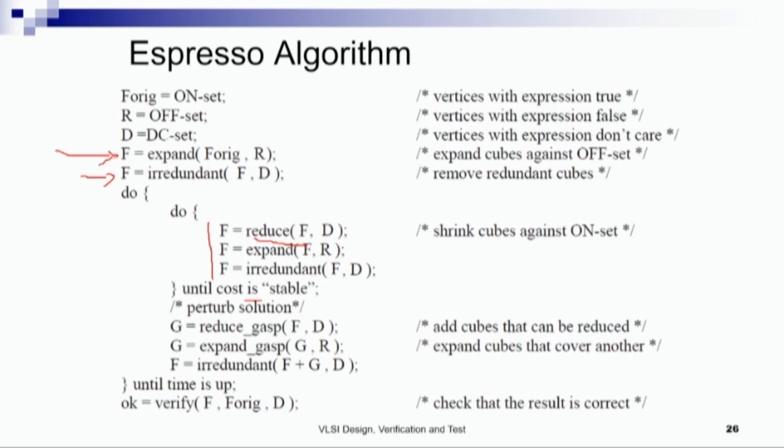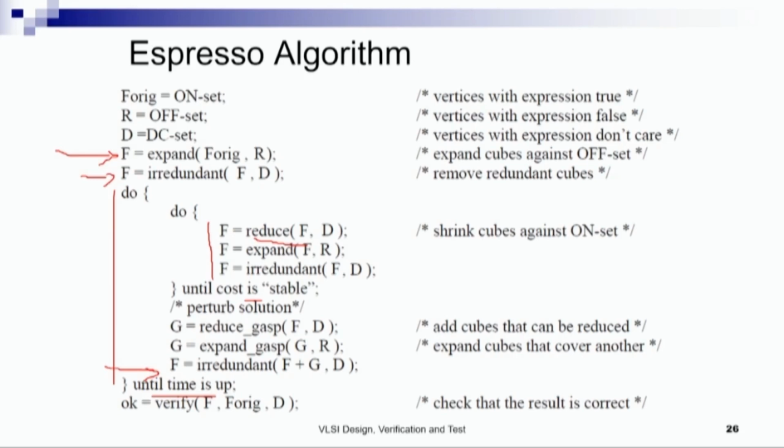This is what happens in this step. This new set is subjected to the same reduce, expand, redundant iterations. The above procedure is repeated for some predetermined time, until time is up, to get a final solution.